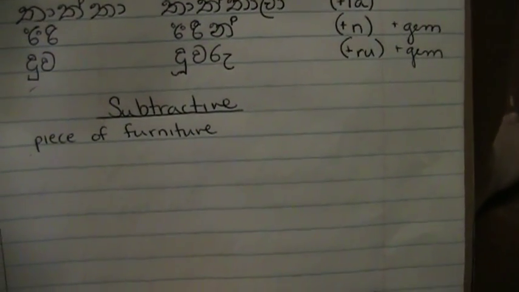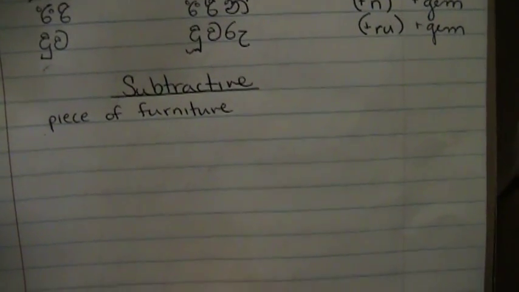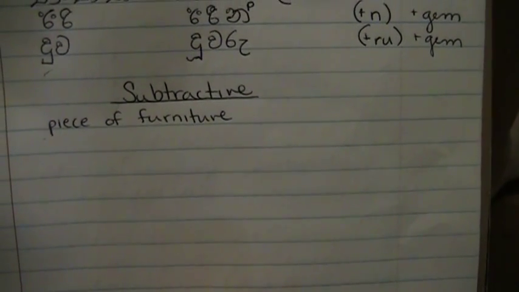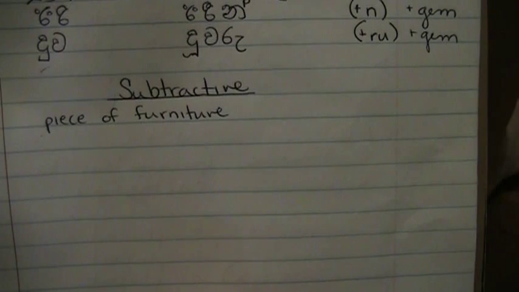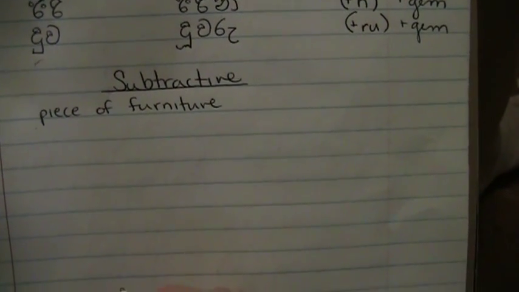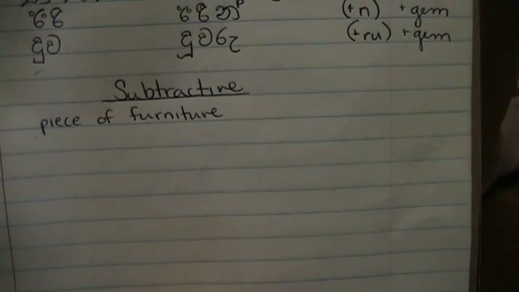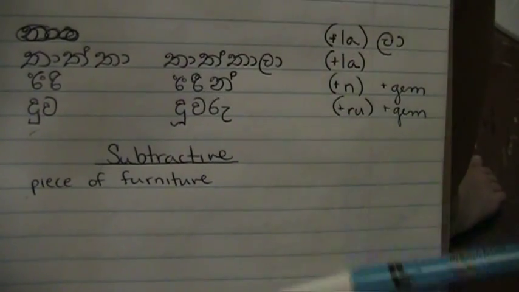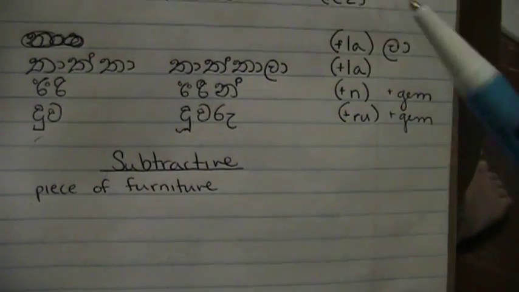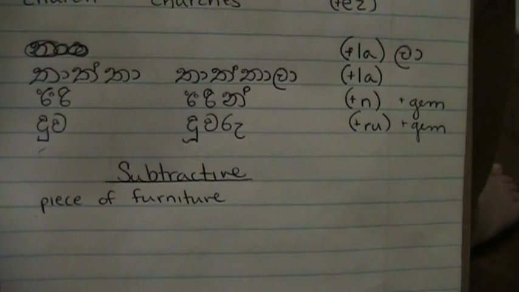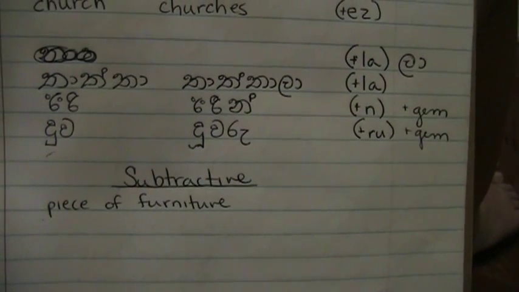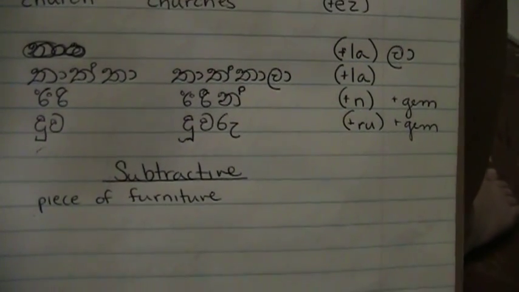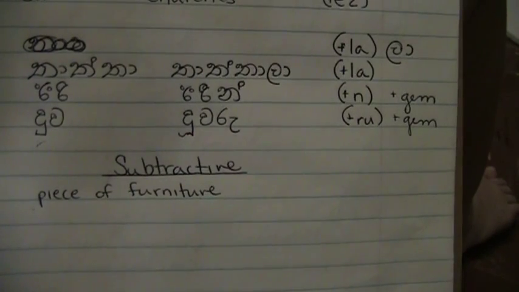There are two subtractive patterns in Sinhala. They're actually identical. The only difference is that some are animate nouns and others are inanimate nouns. For the additive pattern, all of the nouns that you will find within the additive pattern are animate nouns. All of them are. If you come across a noun that is inanimate, you can automatically recognize that you're not going to add something to it to make it plural.